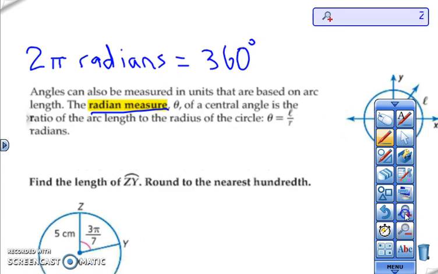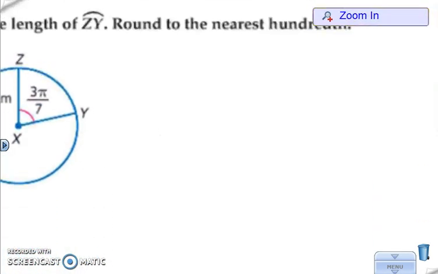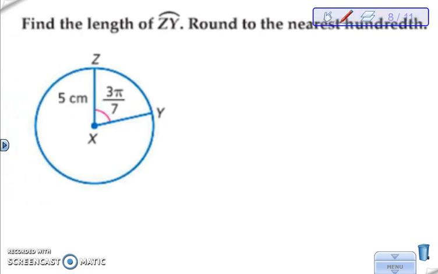So when we solve our arc length problems, we're going to set them up the same way we would as if they were degrees, only instead of 360, we're going to use 2 pi. Again, I'm looking for the length of the arc. So I know I need to set the length of the arc proportional to the circumference.